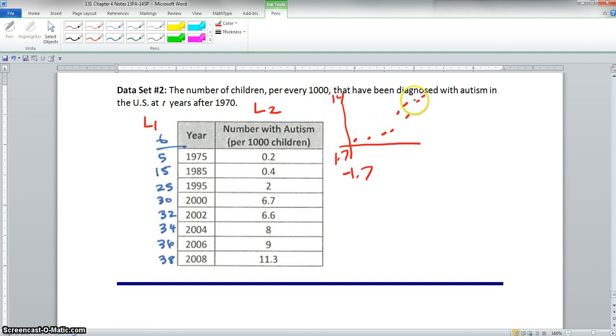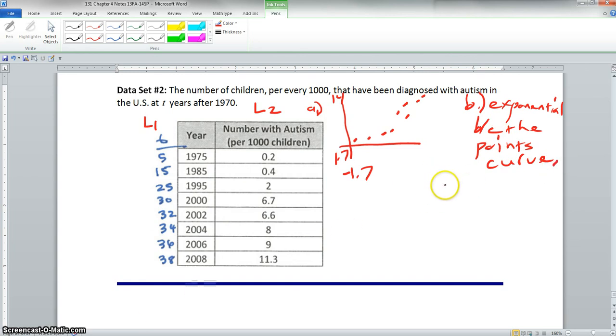Now if you notice here, this is going in a curved line. Well, actually the points curve. So B is exponential. And we know it's because the points curve.